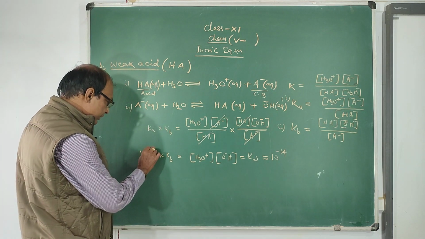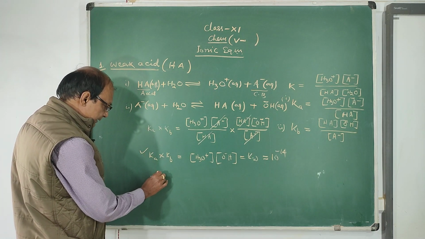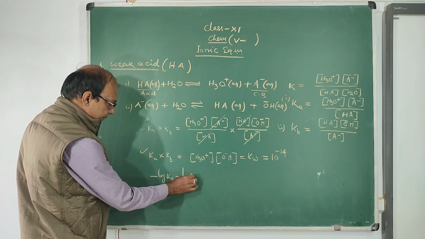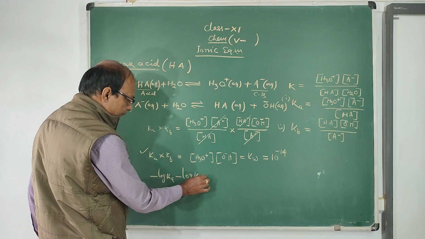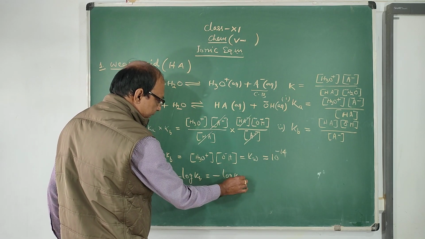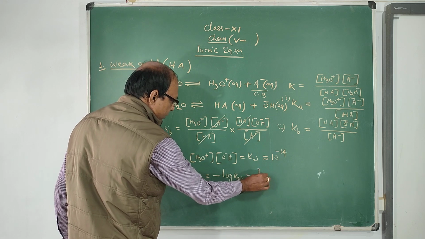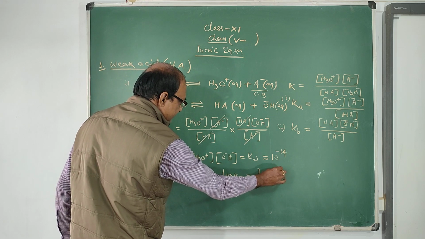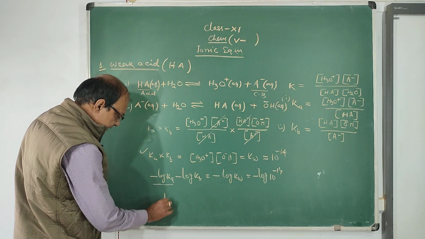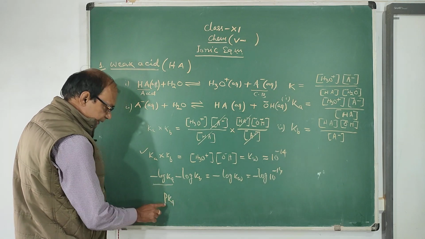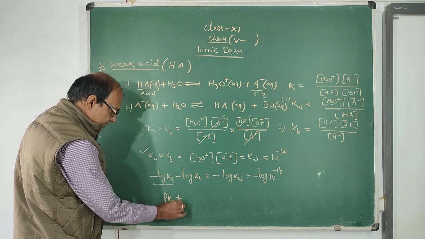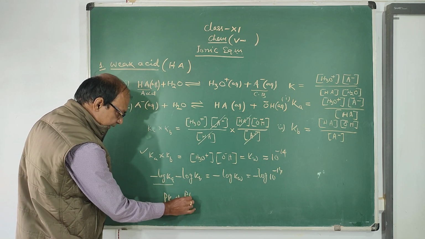Now, from this we can write that minus log Ka minus log Kb equals minus log Kw, equals minus log 10 to the power minus 14. This term stands for pKa. pKa is equal to minus log Ka, plus this term stands for pKb.